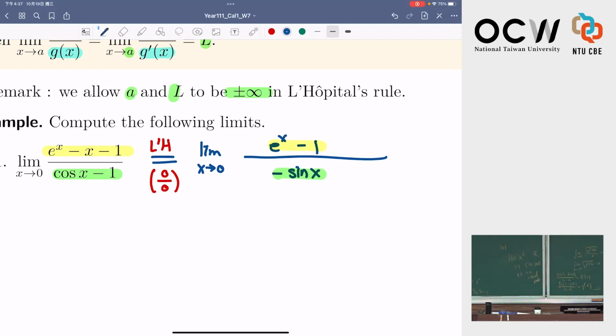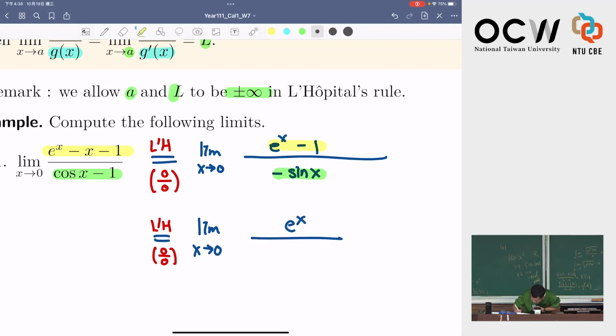Now, I know some of you are very smart and can immediately tell the limit, but I'm very slow. So I look at this fraction and realize that this time it is, again, of the form 0 over 0. So let me L'Hopital again. Then I will obtain e to the x over minus cosine x.